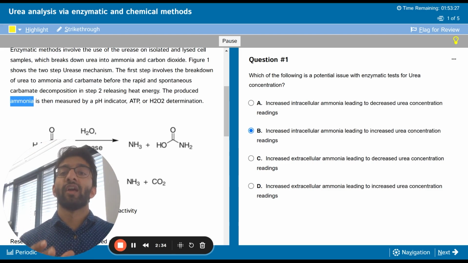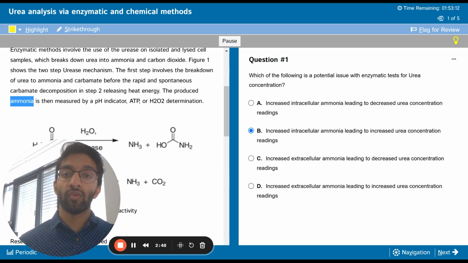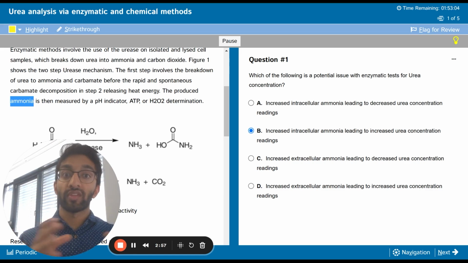Because we want to see how the urea is broken down within the cell. Okay, so if we have 5 molecules of urea and 5 molecules of ammonia, and then we use urease, of course, 5 molecules of urea will be broken down into 5 molecules of ammonia. But how many molecules of ammonia do we now have in the cell? 5 originally and 5 from the urea, so 10 total.